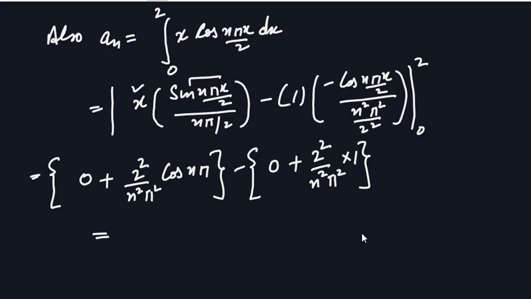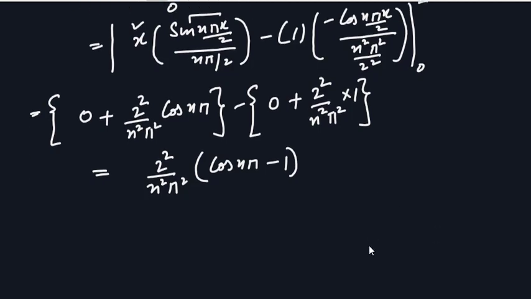So here I will get 2 square by n square pi square. I can take it common. Inside I will get cos of n pi minus 1. So further I may write 4 by n square pi square, inside the bracket minus 1 to the power n minus 1.